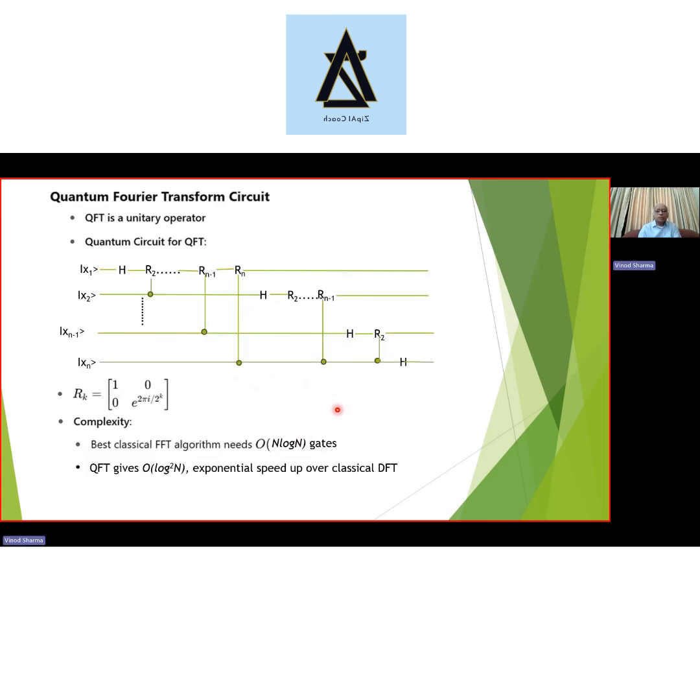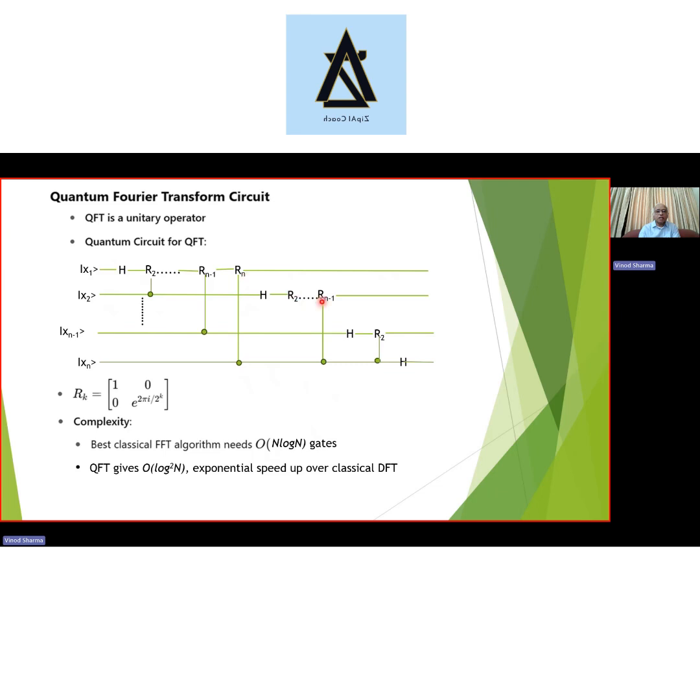The quantum circuit for this can be given by this. Here, the input vectors should be x0 to xn minus 1. So you feed in those. x1 is here. You feed into the Hadamard gate H, then to R2, R3, Rn minus 1, Rn, and then it goes out. x2 goes through H here, then R2 to Rn minus 1.